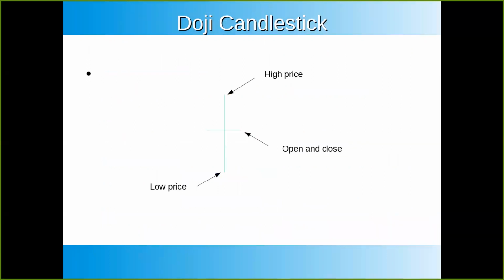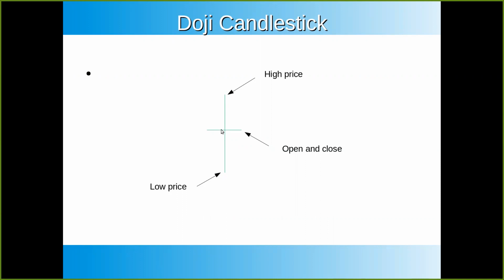Now, if we get back to that candle, as you can see, the open and the close are at the same points. What this candle is telling us is that the market opened here, and whichever way it pushes first is not important.